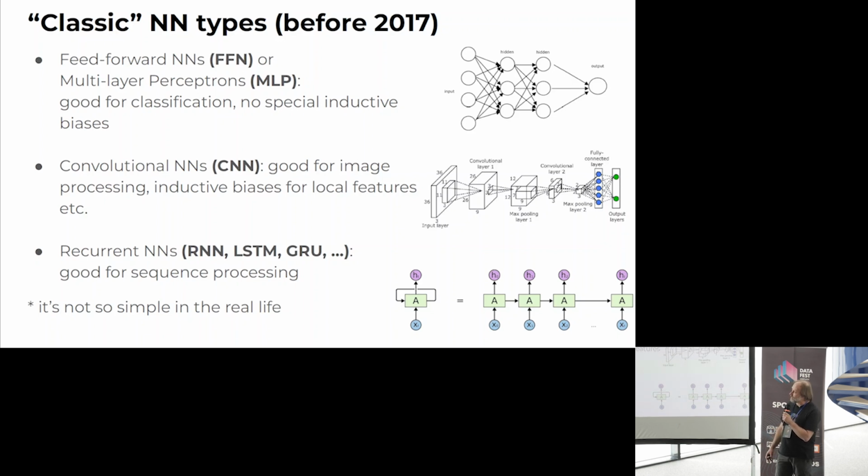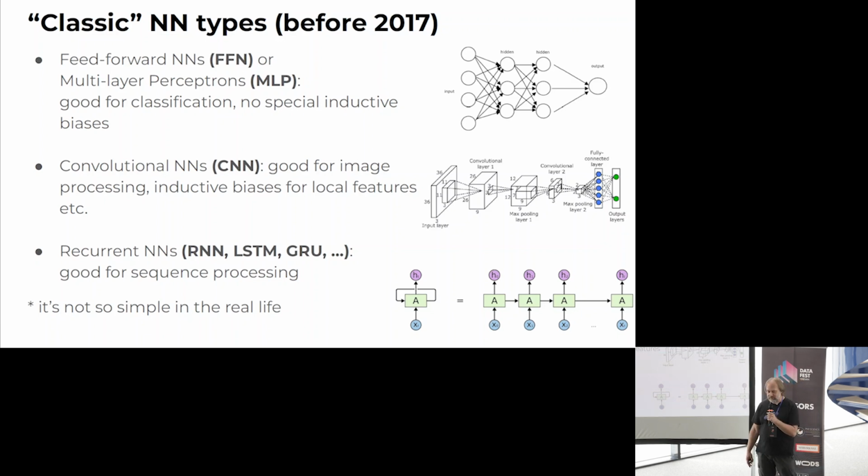Feed-forward neural networks are good for, say, general classification. Convolutional neural networks, because of their implicit biases, were very good for learning image representations, local features, and things like that. And recurrent neural networks, be it RNN, LSTM, or GRU, were good for sequence processing. That's the common knowledge, a typical recipe for what to start with if you face one of these problems.